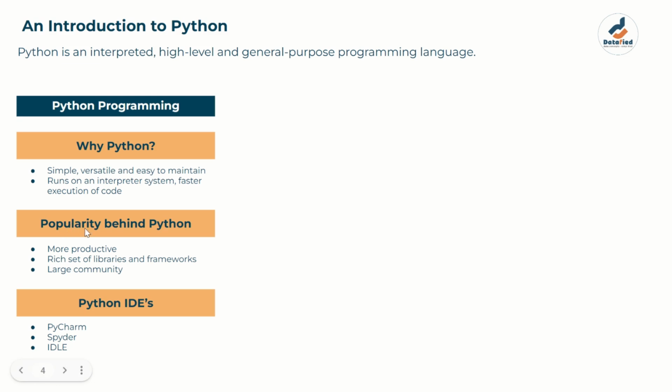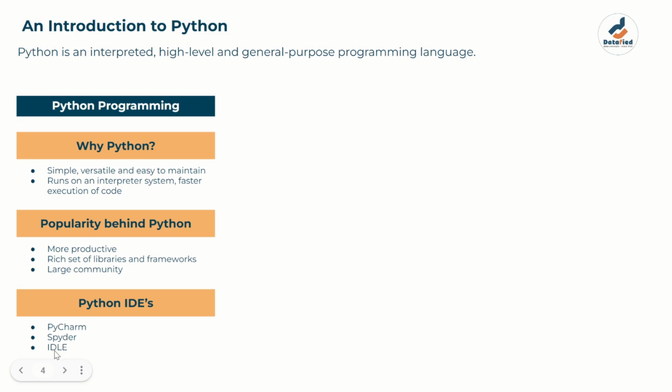Also, we have popularity behind Python. Python is becoming very popular lately. It's popular because it is more productive and it has a rich set of libraries and frameworks, which I've discussed earlier. It has a large community and there are several Python IDEs out there, some of which include PyCharm, Spyder, and IDLE.